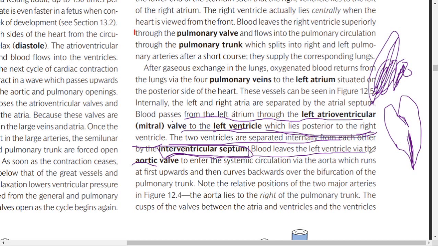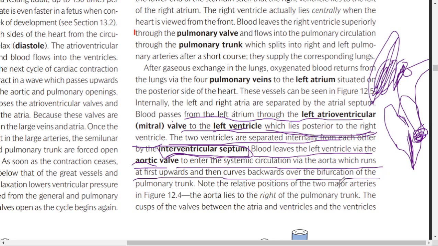Blood leaves the left ventricle via the aortic valve. Of course, the aorta is the biggest vessel, the greatest one, going from the left ventricle to enter systemic circulation. The aorta runs first upward and then curves backward over the bifurcation of the pulmonary trunk. Note the relative position of the two major arteries.